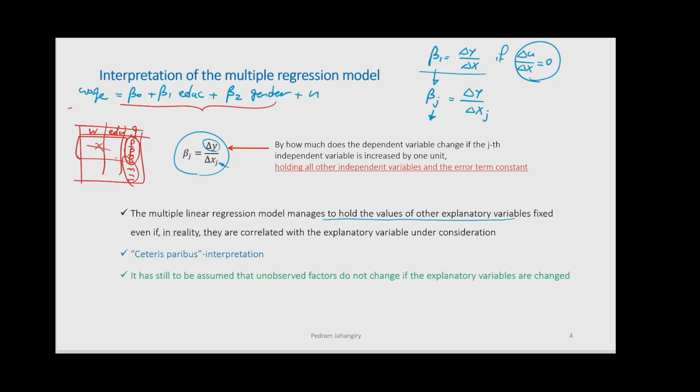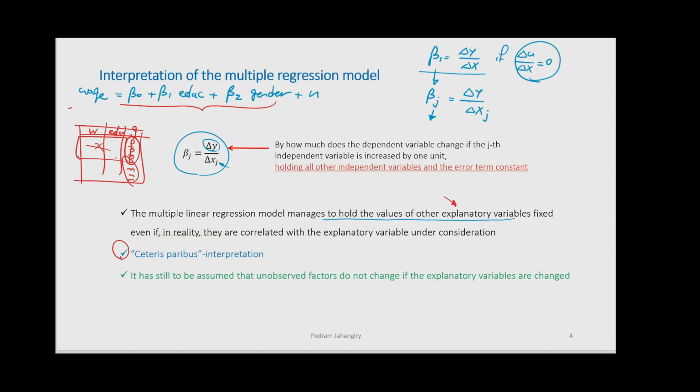So this explicit is coming from here. We can literally hold other explanatory variables fixed. And this is our ceteris paribus interpretation, right? Because we said that without ceteris paribus interpretation, we cannot say anything about the causality in the model. So that's the power of the multiple regression model. Again, I repeat myself, even though we are dealing with observational data, which means that it's not data that we collect in the laboratory, right?